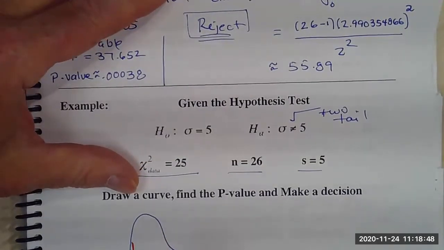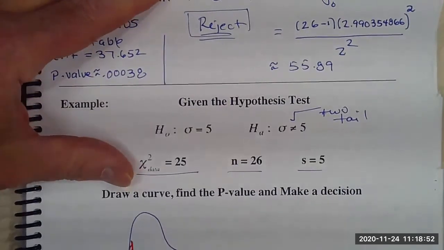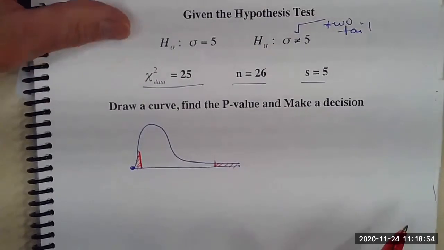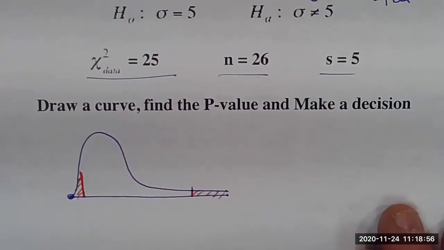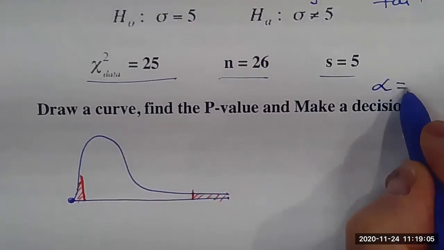These are both critical numbers, and these are your shaded regions. Alpha is not given, so we're going to use alpha again to be 0.05.